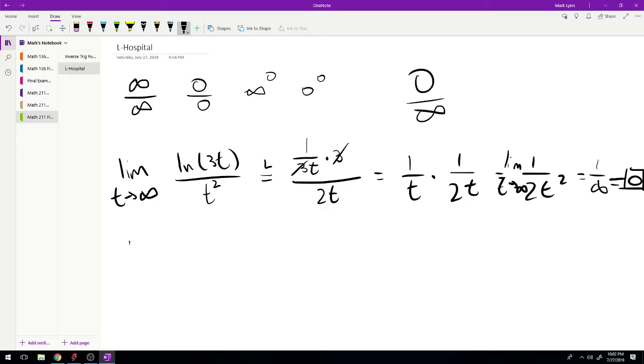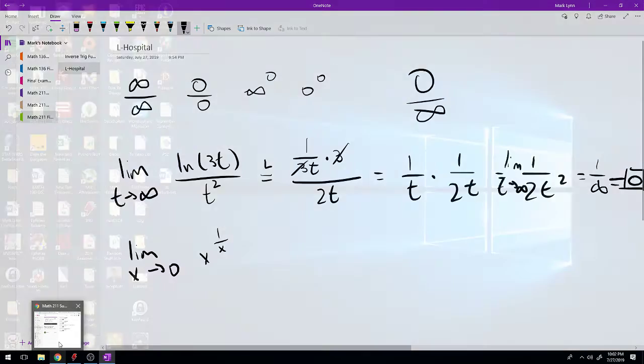So in this problem here, we would like to find the limit as x goes to 0 of x to the 1 over x. Let me make sure I got that down correctly real quick.